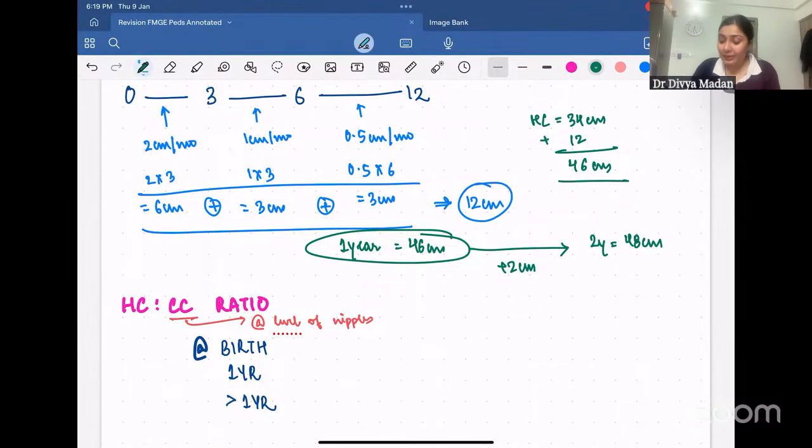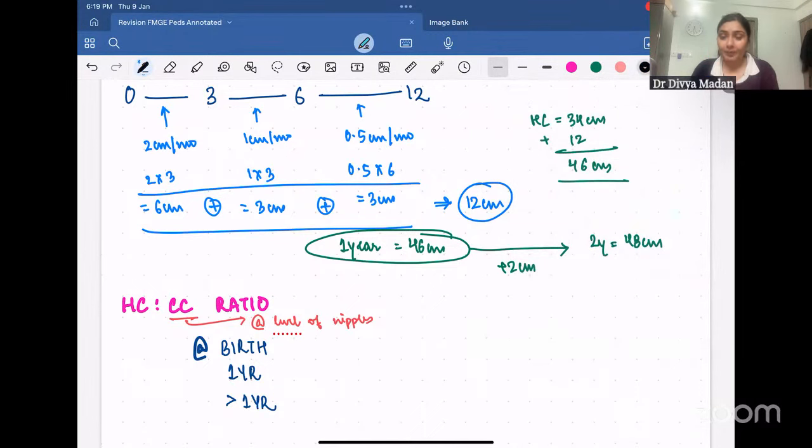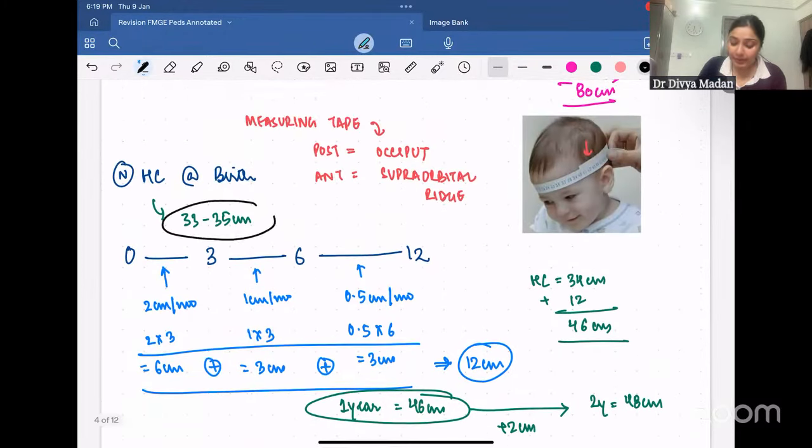In exam, they are very fond of asking 2 questions. Question number 1. What percentage of the adult head size is there at birth? If you look at the birth head circumference, it is 33 to 35 centimeter. How much is this of the adult size?